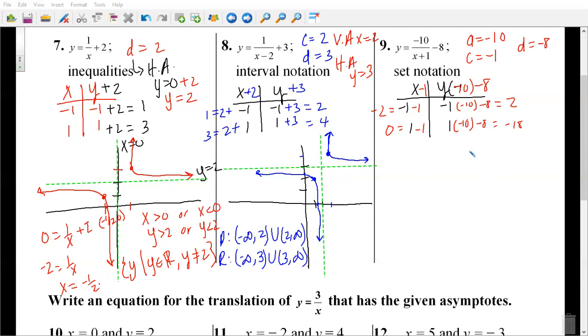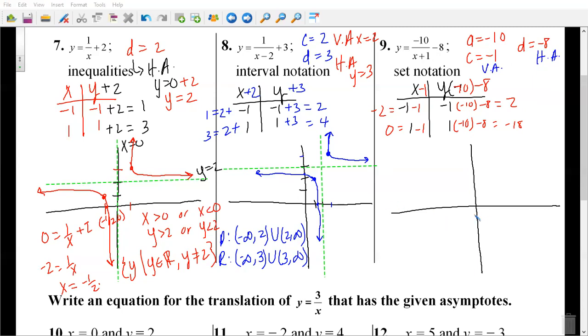So graphically, I know that my asymptotes have changed. How do I know my asymptotes have changed? Because my C and my D are different, right? So my vertical asymptote is now at -1. My horizontal asymptote is now at -8.